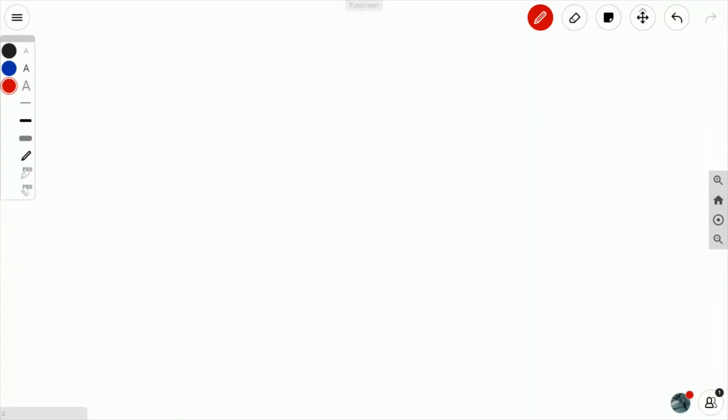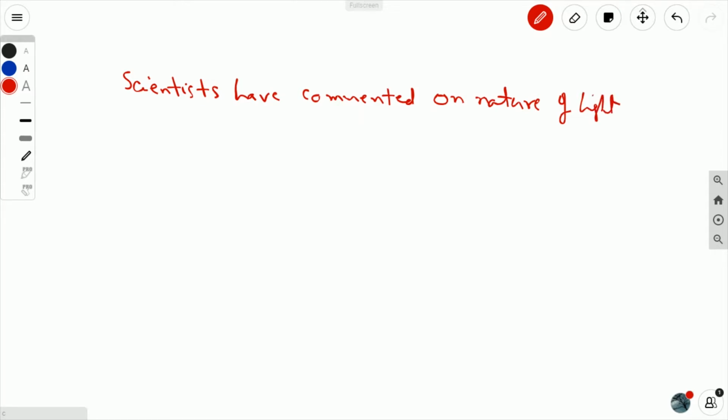Now scientists have commented on the nature of light in the following ways.